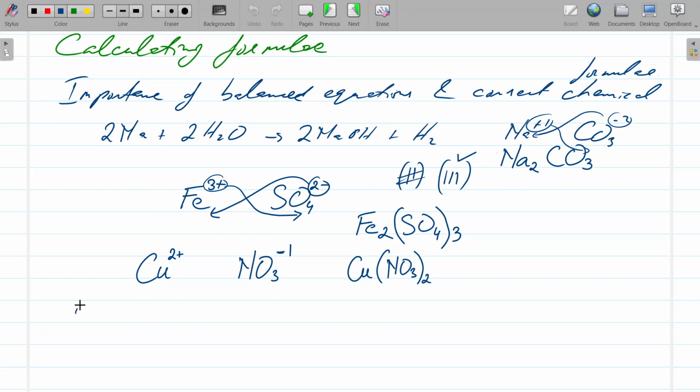Within 1 mole of water, you have 2 moles of hydrogen ions and 1 mole of oxygen ions.